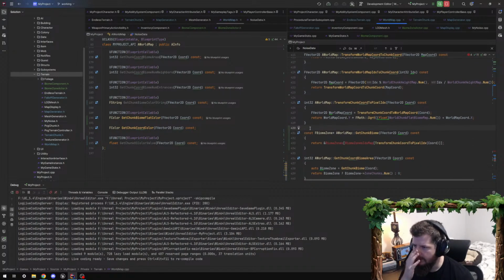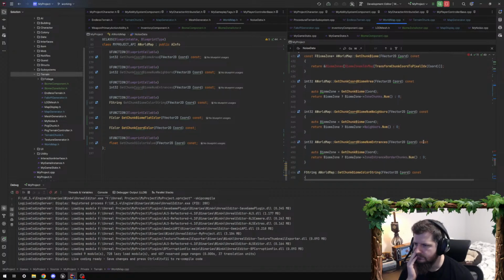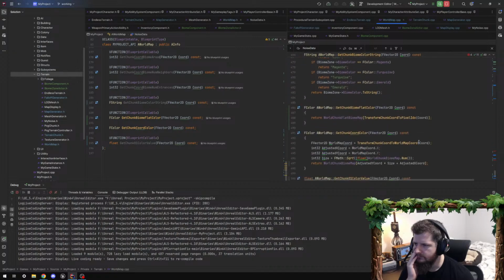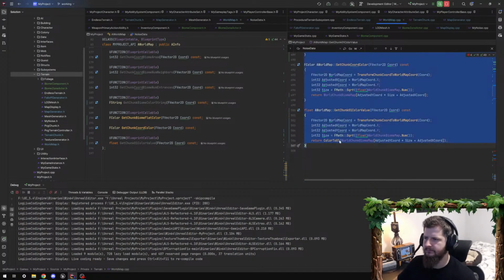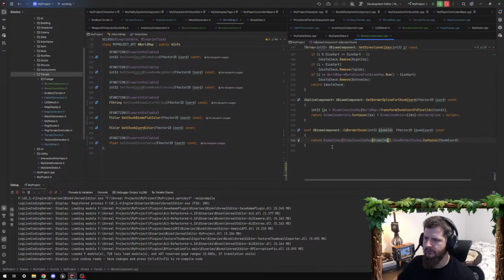So the transform functions should probably all stay in here. All these getters though, I think should go to the biome component.